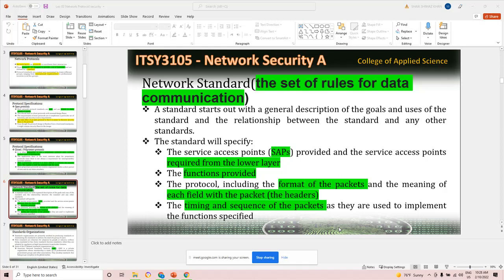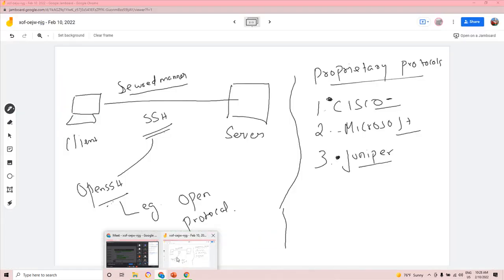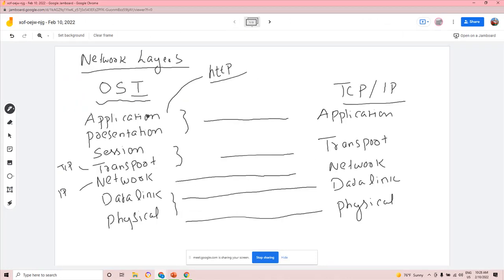For example, let's come back here. We have so many layers. So the first point the standard specifies is what service each layer is going to provide to the lower layer.